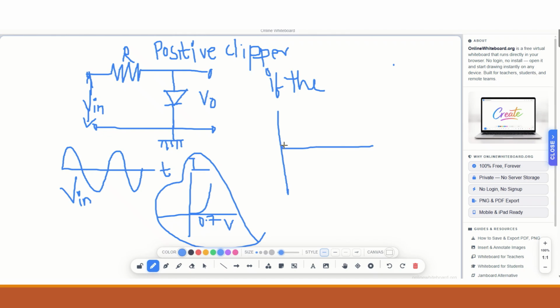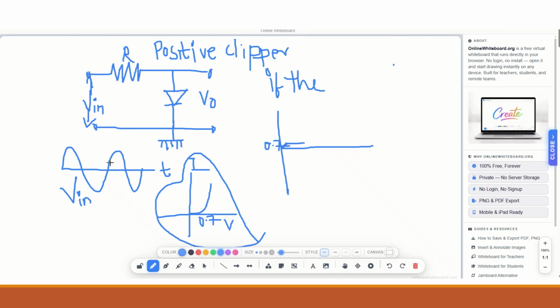From 0 up to 0.7, the diode is open circuited and there is no current flow across the diode. Until it reaches the cut-in voltage, it becomes short circuited and the output across it is the cut-in voltage of the diode, that is 0.7 volt.